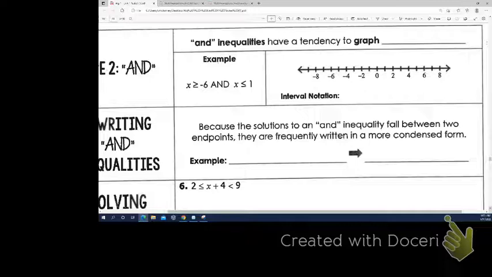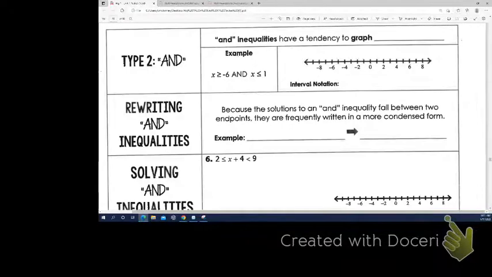The reason it says a tendency to graph between is because there are always those special cases, right? There's always that situation that it doesn't work for. But the tendency is that they're going to graph between. So we're going to be between the endpoints.